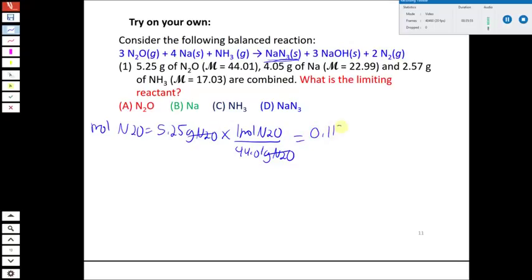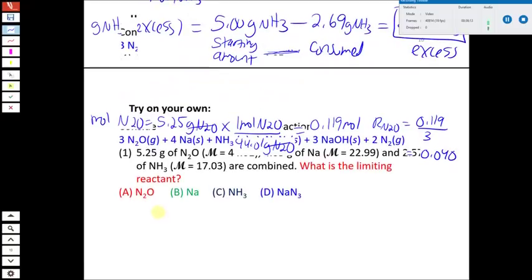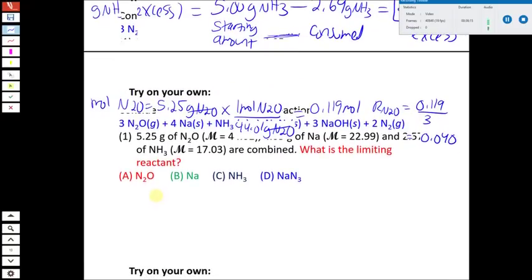That's 0.119 moles, and then the stoichiometric ratio is going to be that number divided by its coefficient. So N2O has a coefficient of 3, so we're going to divide this number by 3, which is 0.040. We don't need too many significant figures here. So that's the stoichiometric ratio for N2O.